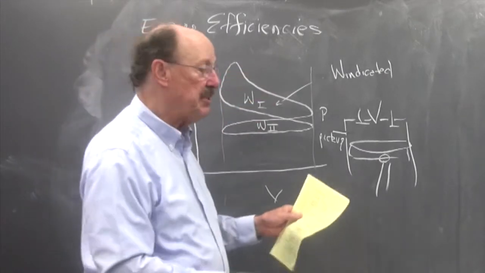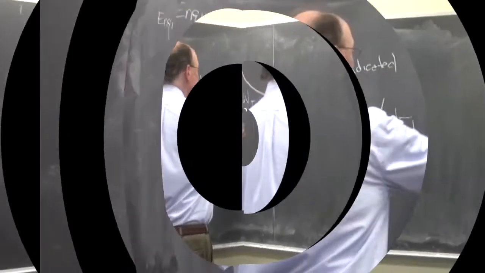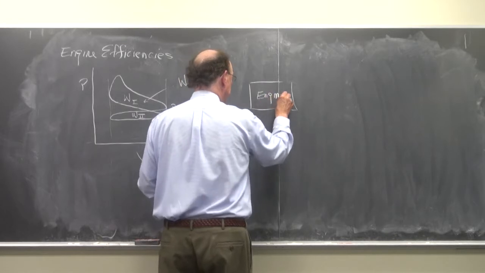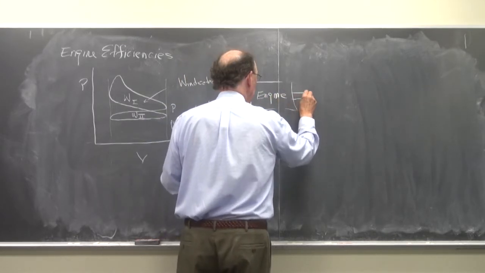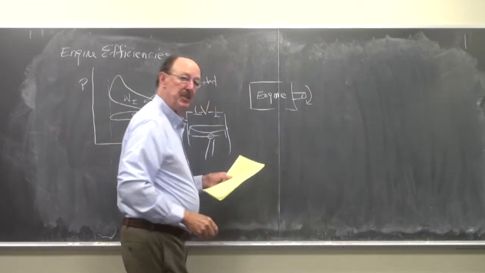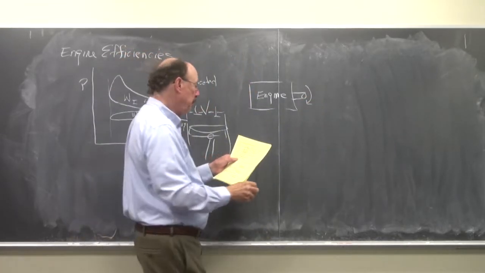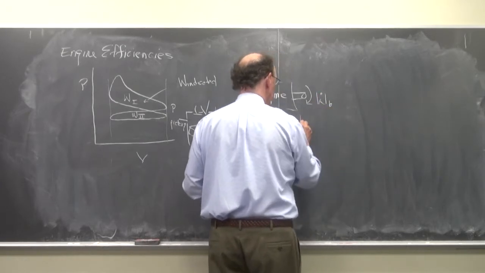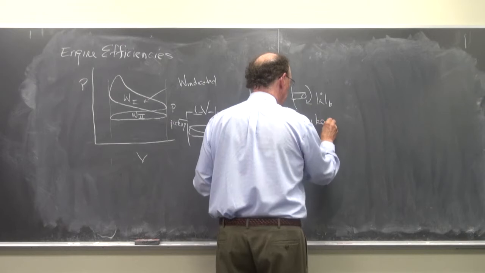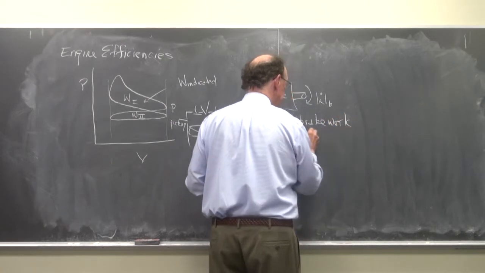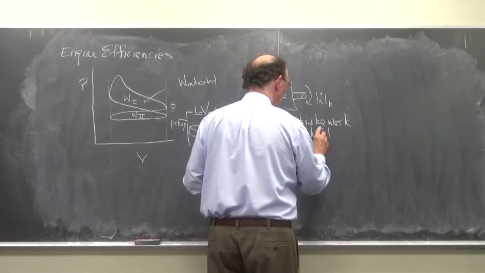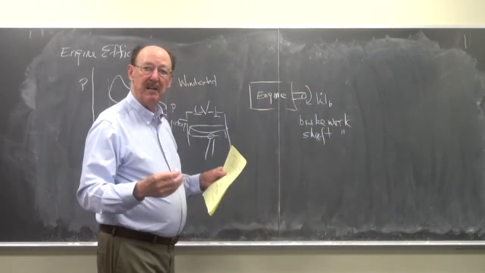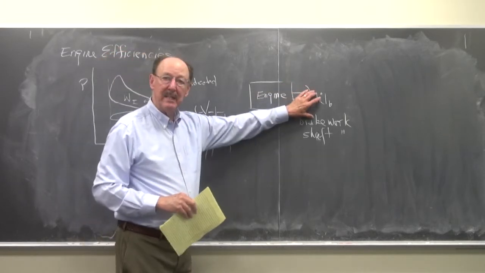Then if we have the engine itself, so now I have the engine itself, and it has a shaft. And so the shaft is rotating, and this is the brake work, or shaft work. So this is the brake work or shaft work, and that's the actual work that you get out of the engine.